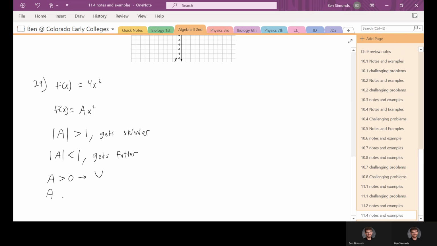And if a is negative, then you get a downwards facing parabola, where the center is at the top instead of at the bottom. So those are some of the possibilities here. So now let's look at number 29. Let's get ourselves a graph to work with here.